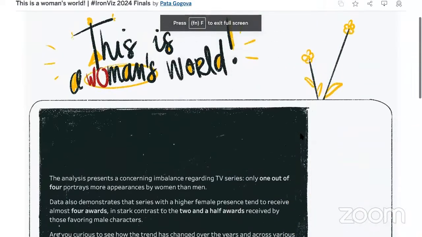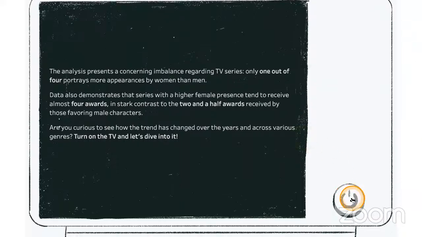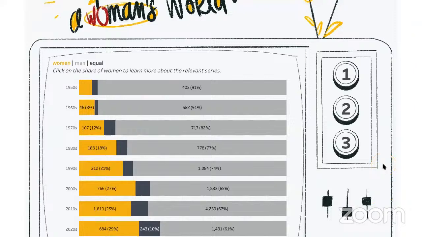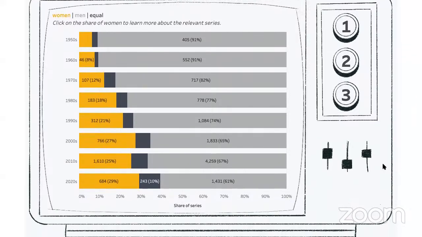So this one, for example, this year it was all about movies. So data about movies from IMDb. And this one is just like a TV, right? So one of the contestants used the TV frame and tried to tell a story about representation of women in movies.